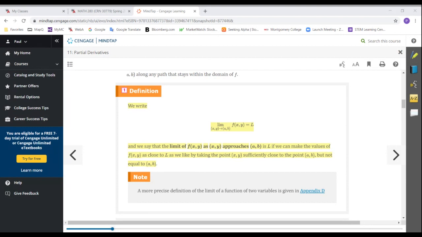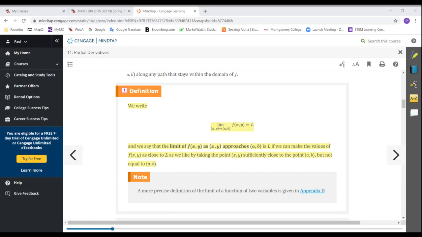So in other words, in order for a limit to exist, you have to be able to approach the point (a, b) in any direction and have the same limit L.